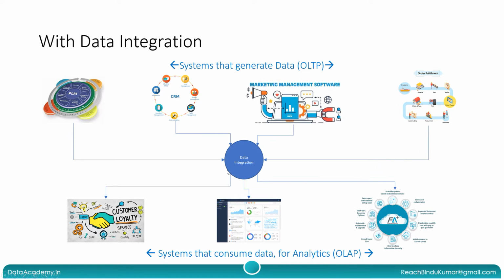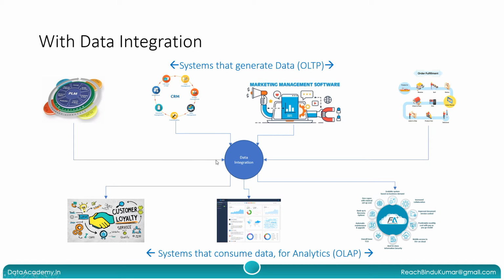Now let's move on to the next slide. Here we have put a data integration project in place. As you can see, the picture is a lot simplified, not only in terms of visualization, but in terms of the reality as well, in how the data flows. Now the data integration is one centralized layer where all the upstream systems, or the systems that generate data, push their data into a centralized location.